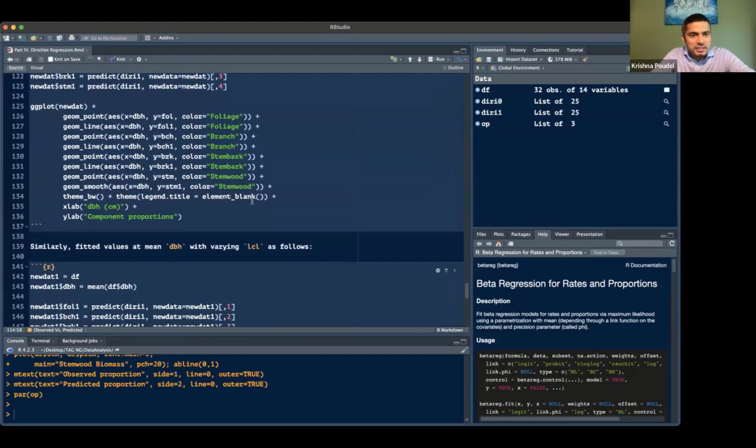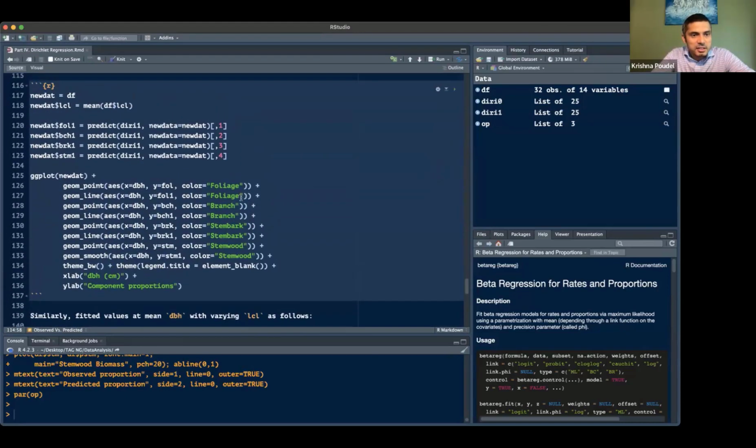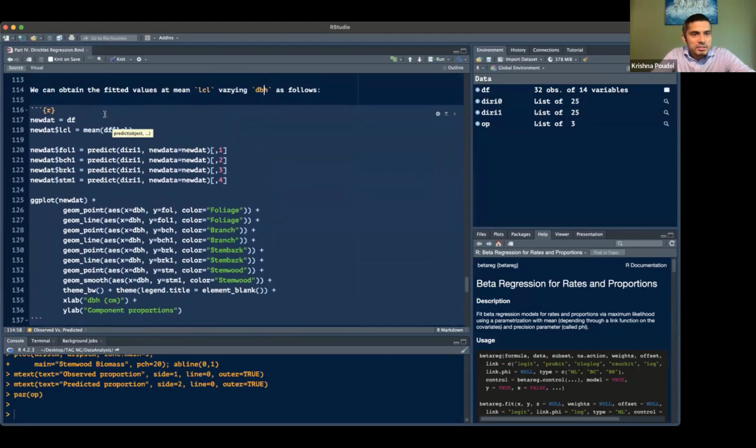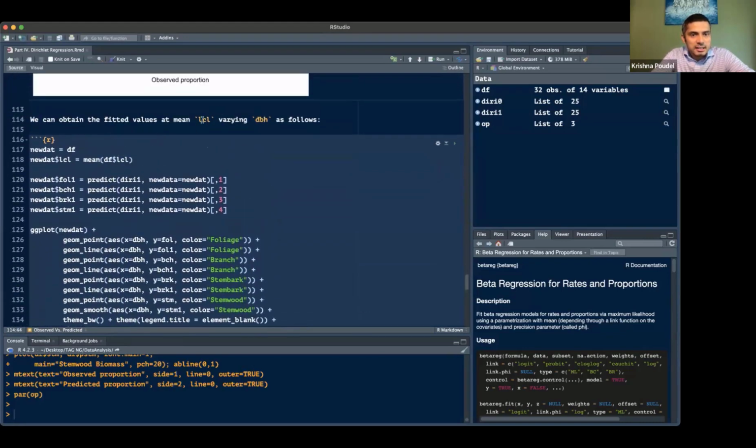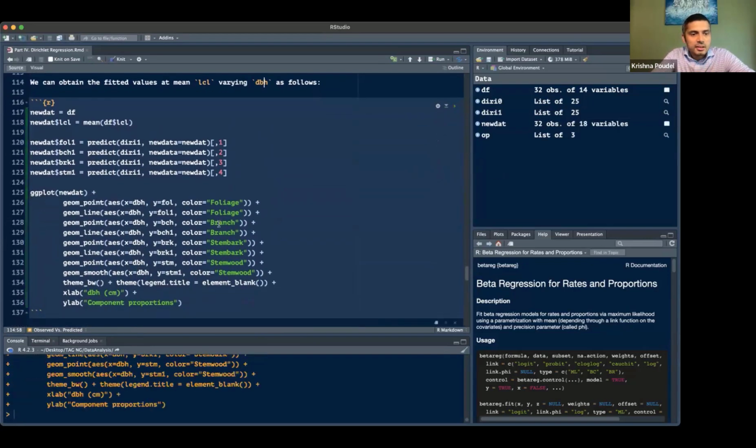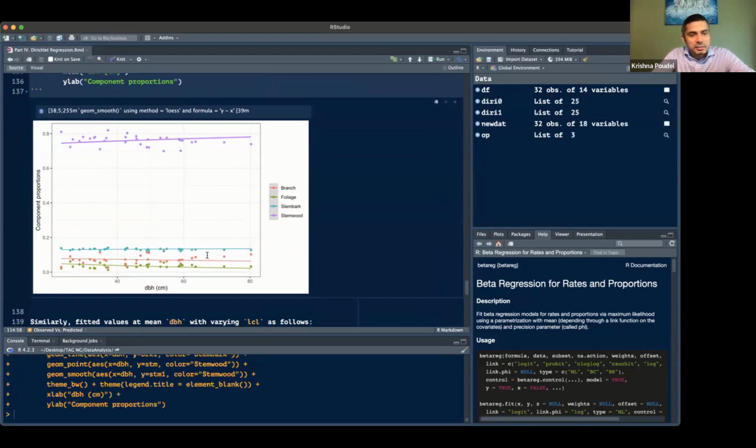Once again, this is many lines of code, but the objective is to create new data for which the live crown length will be the same as the mean live crown length in our data set, and for the DBH, we will use different values. So for a given live crown length, changing DBH, we see that trend: with increasing DBH, the stem proportion is increasing.